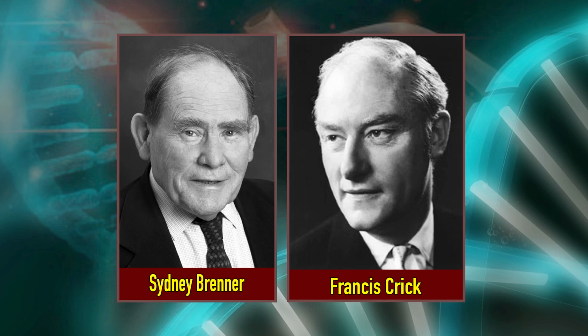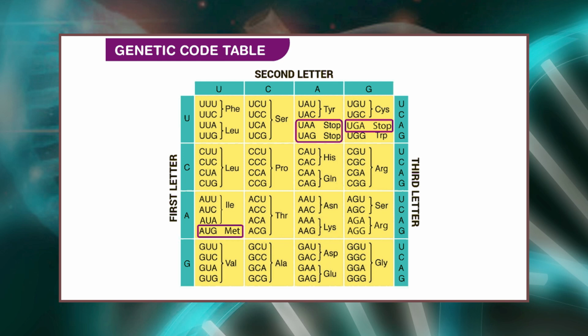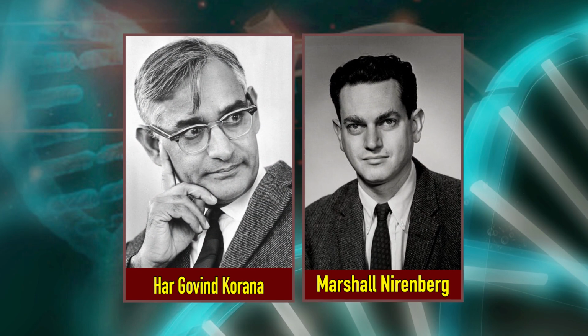Francis Crick and Sydney Brenner in 1961 showed that the genetic code is a triplet code, that is, each codon consists of 3 letters. Marshall Nirenberg and Har Gobind Khorana in 1966 deduced the genetic code of all 64 possible triplet codons and the amino acids that they code for.